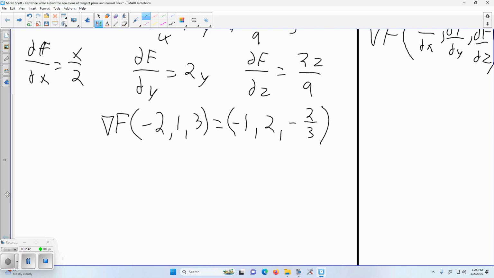So now that we found the gradient, we can move forward to find the tangent plane.